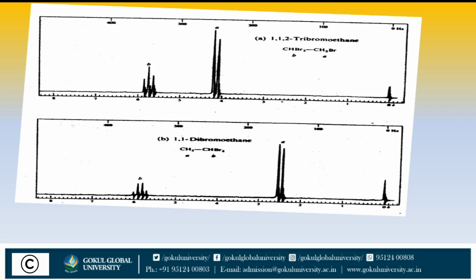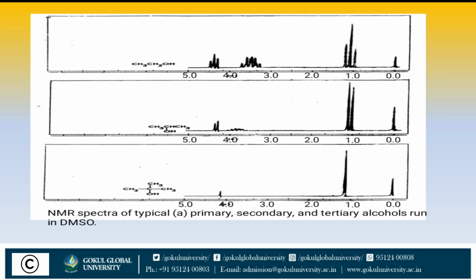Here CH3 is A and CHBr2 is B. Then A gives a 2 to 3 value and B has a nearby 6 value of theta. These are examples of proton 1H NMR, how it gives a signal. Some more examples are there.